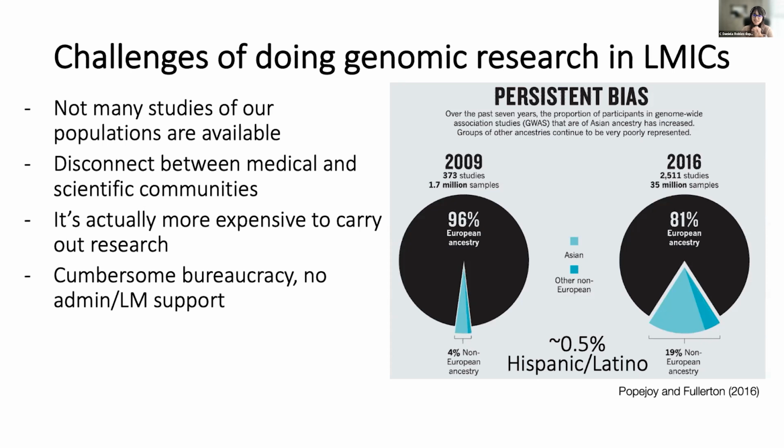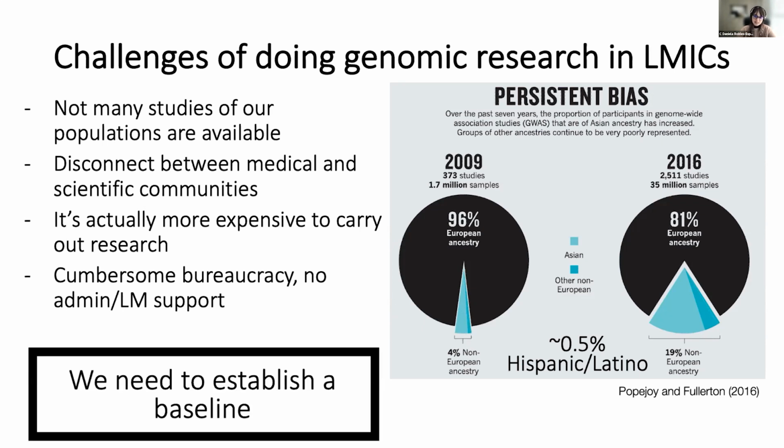And finally, there is a very large burden of bureaucracy and usually very little administrative and lab managerial support. I'm telling you all of this to put in context what we sometimes have to deal with in these parts of the world and why research sometimes goes a bit slower than in other places. Nonetheless, we are working on this and our projects are trying to establish a baseline for the genomic studies in our populations.